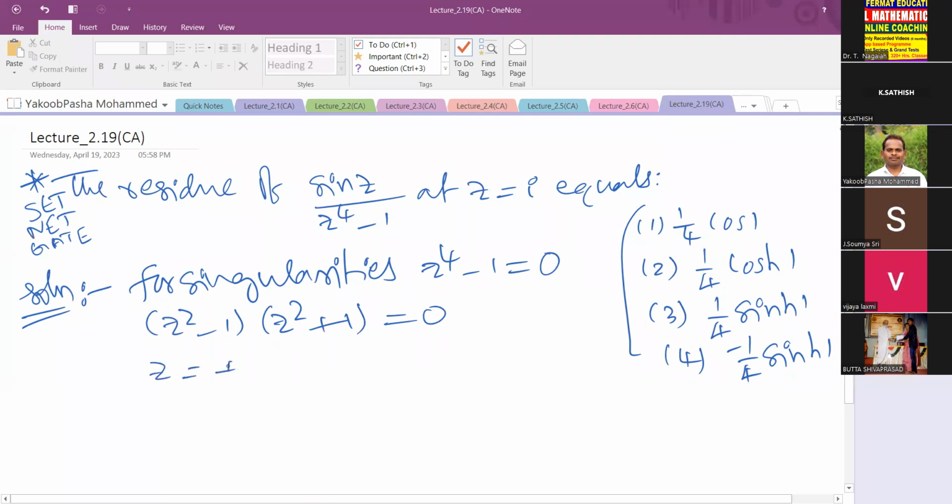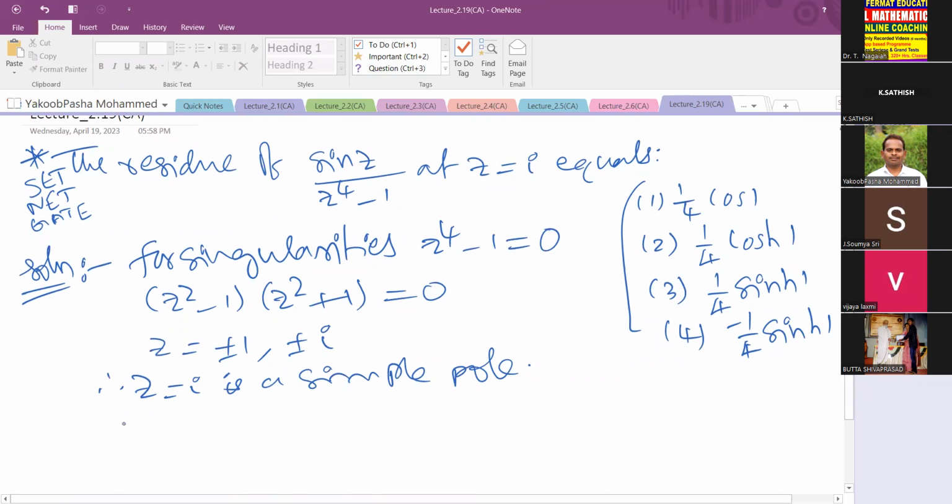Here z is equal to plus or minus 1, and plus or minus i. But we have to calculate the residue at z equal to i only. So we have to mention z equal to i is a simple pole of the function. So we have to calculate the residue at z equal to i only.